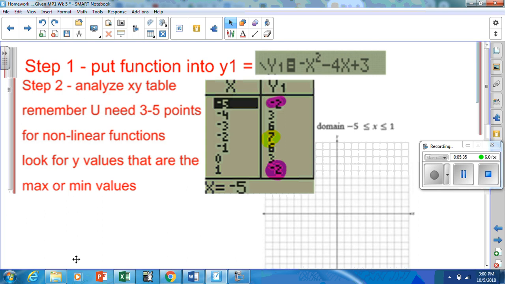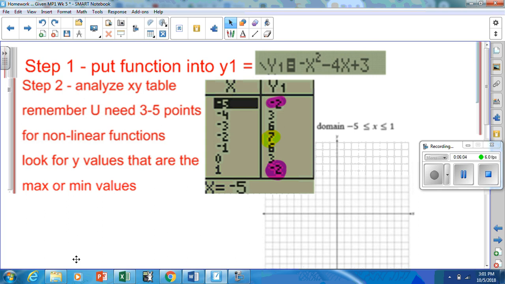Consider step 1 and step 2. We know we're going to put this into our y editor, and that's going to allow us to generate an XY table. So now we can analyze our XY table and think about points that we can plot. Given the fact that this is a nonlinear function, we know that 3 or 5 points are necessary.